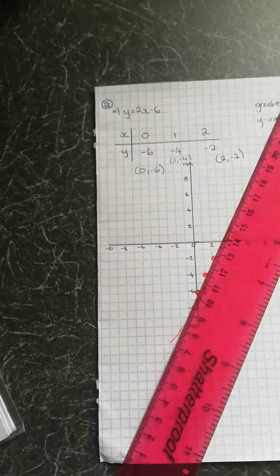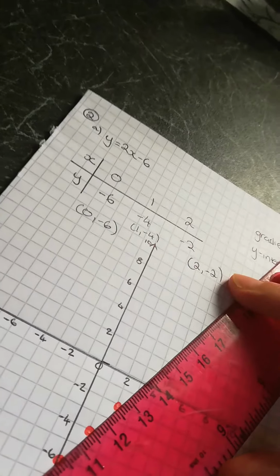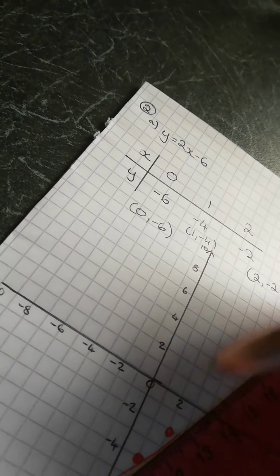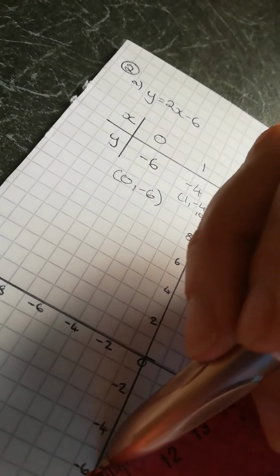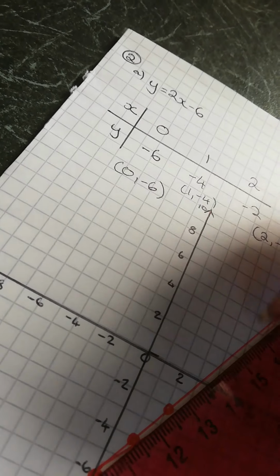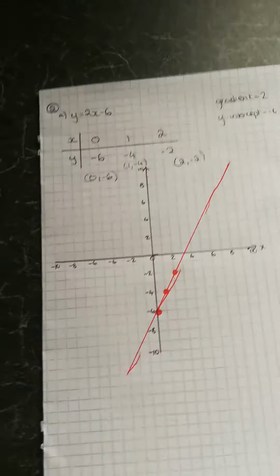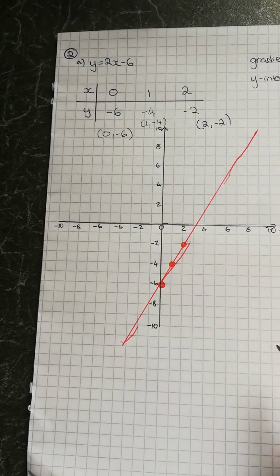Oh, there we go. Right, wait a minute. Oh dear. And yours will be much better than that because you won't be trying to hold the phone at the same time. Okay, so we've got our straight line here joining our 3 coordinates up.